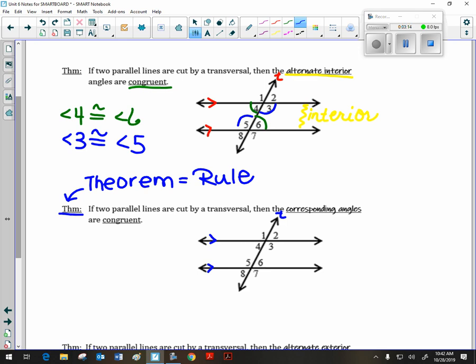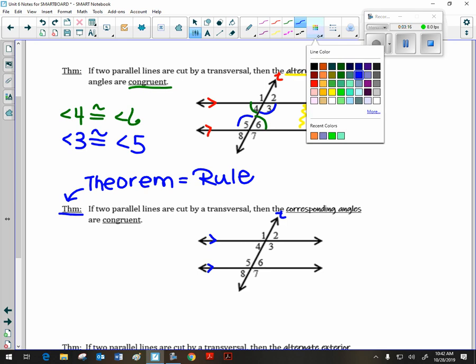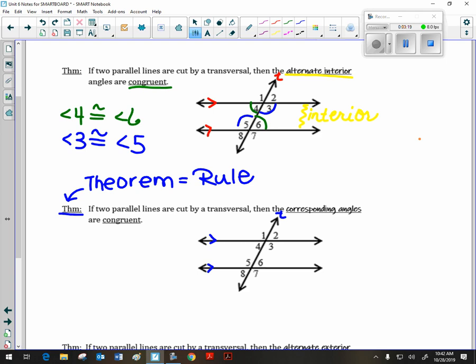This time though, we are looking for what we call the corresponding angles. Corresponding means same position, the angles that match up. And once we recognize where they are, then we can say that they are going to be congruent to each other.